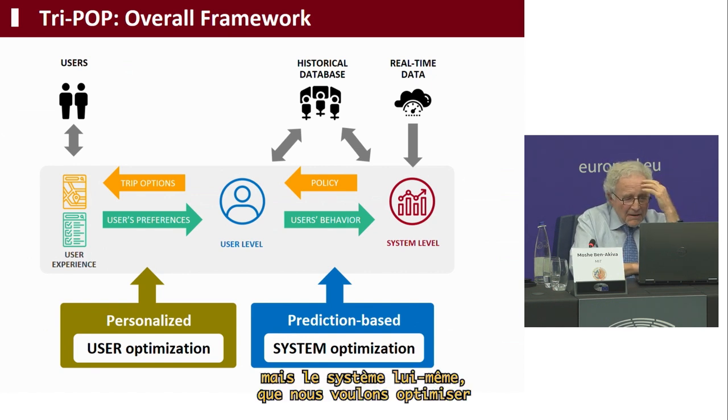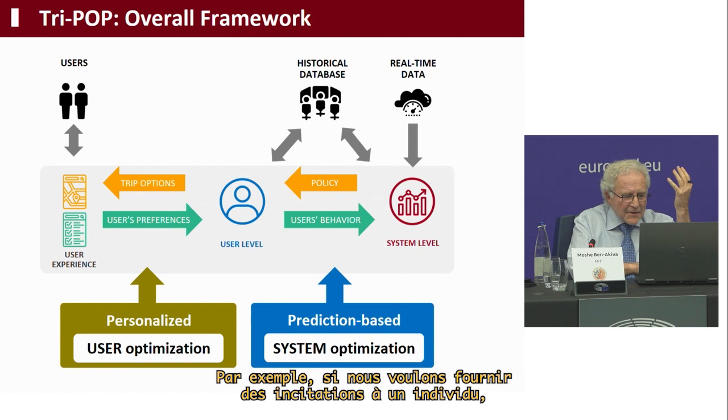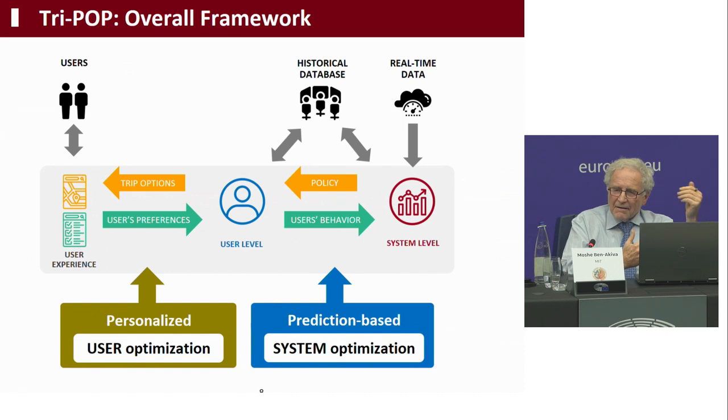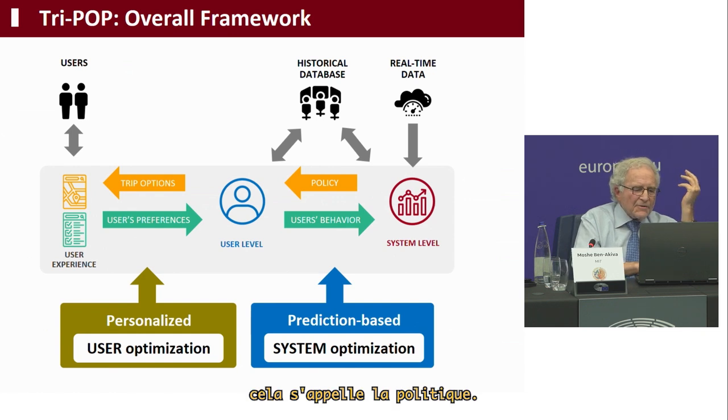But the system itself, we want to optimize it, so we call it the system level. For example, if we want to provide incentives to individuals, and the incentives are based on the budget, this is called the policy.